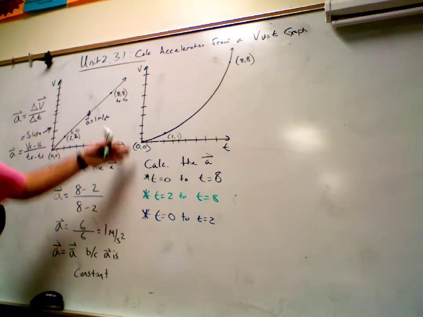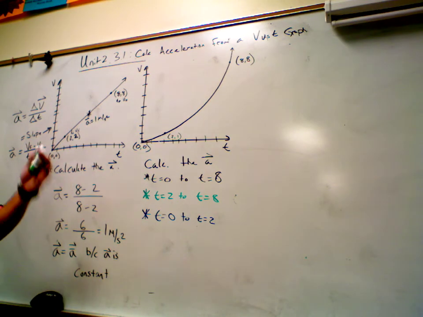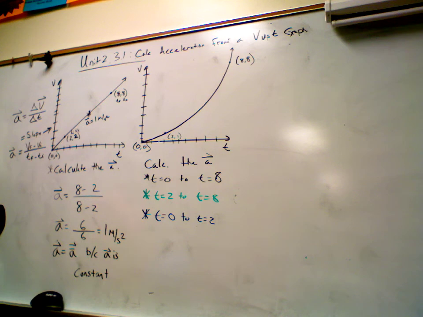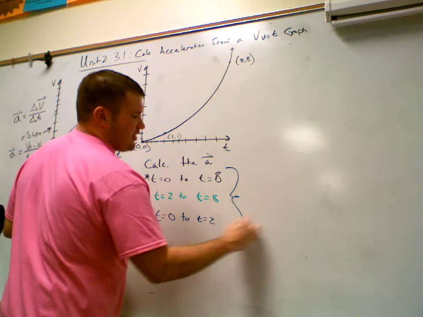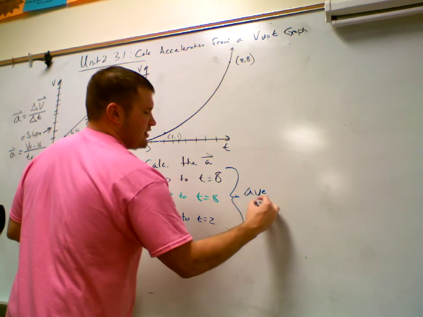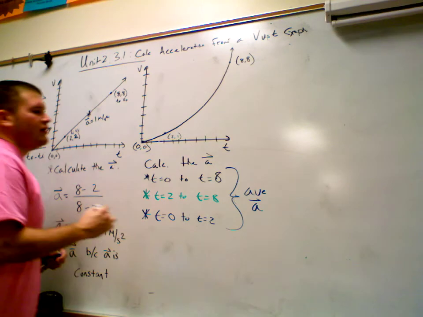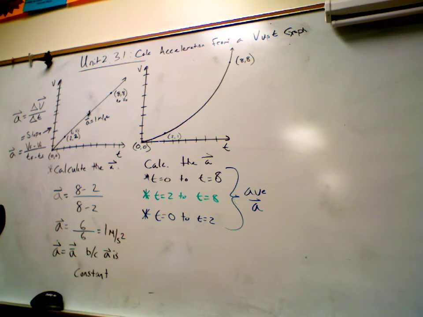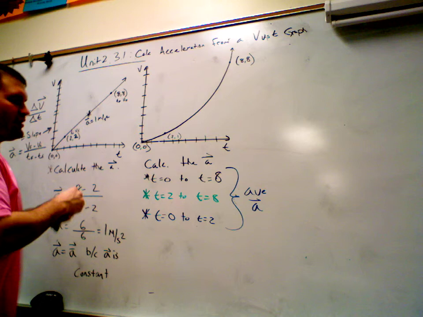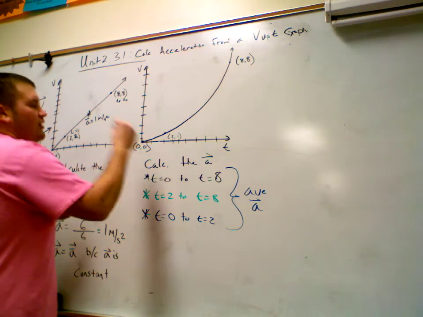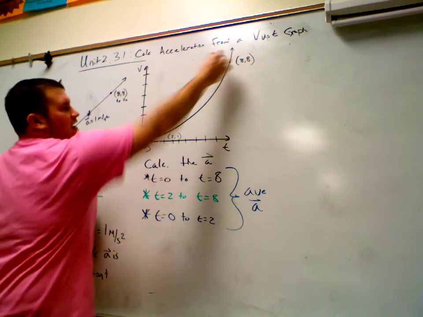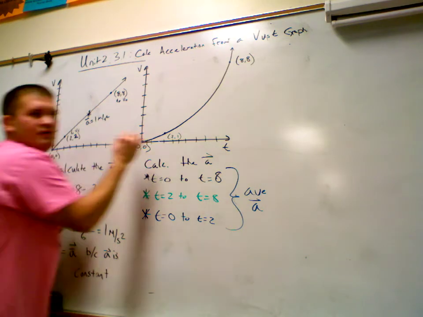Now, by calculating these, would you be calculating an average or an instantaneous acceleration? Average. Okay? Each of these calculated would be an average acceleration. Why would that be? Because remember, average is total distance divided by total time. So if I look at the acceleration from 0 to 8, if I were to use the slope from 0 to 8, it would not be the slope of this line, right?